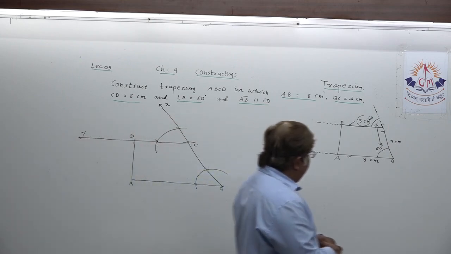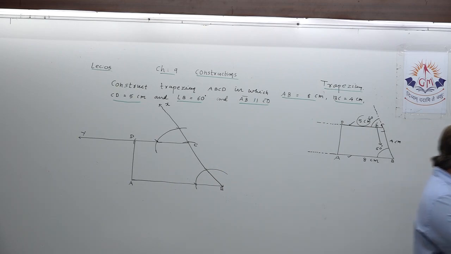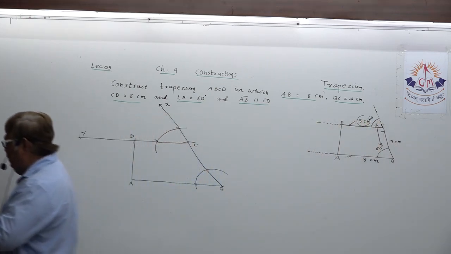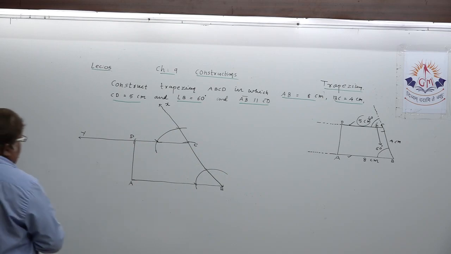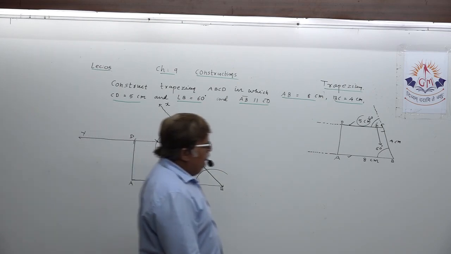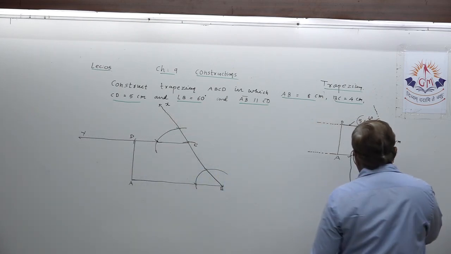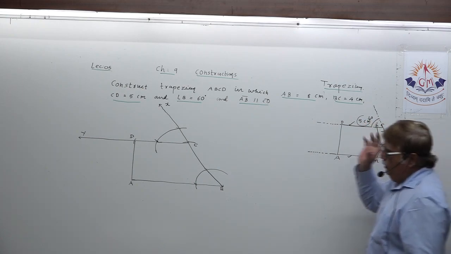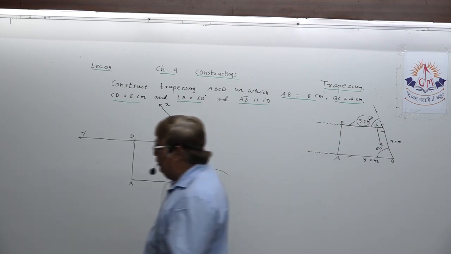Please just see how to construct trapezium under this only mentioned condition. You have to target the only condition which is mentioned, and you have to be very precise in this, that you get both these sides to be parallel. Be very precise. Understand?